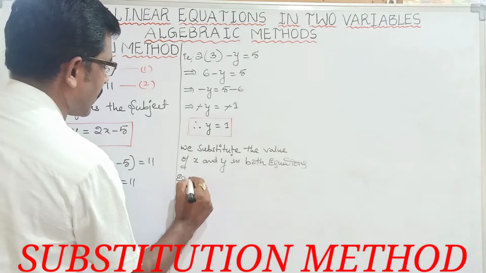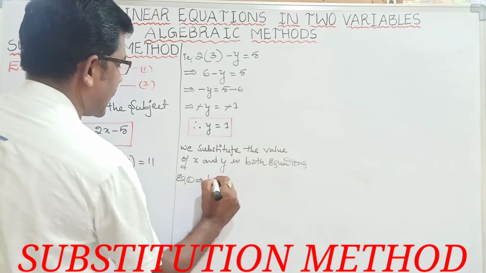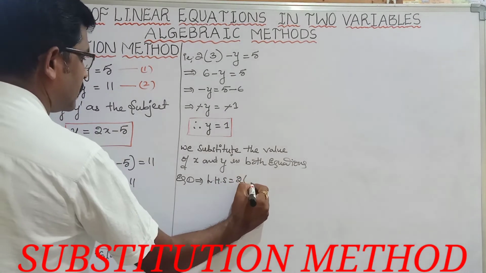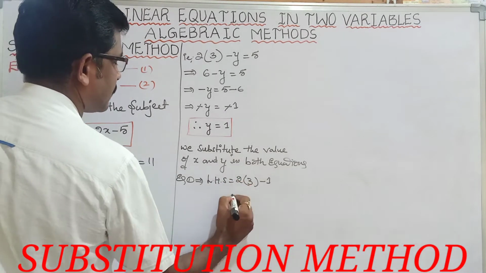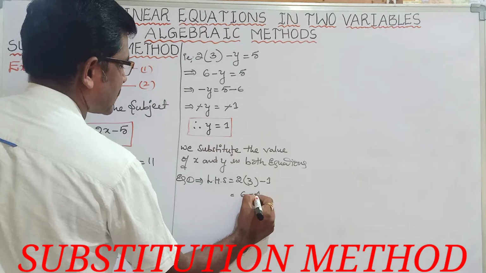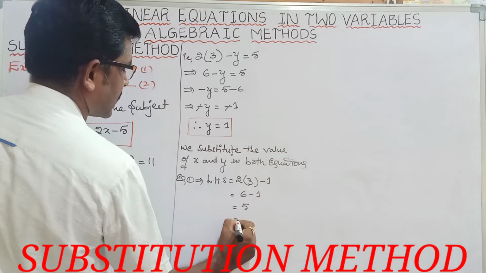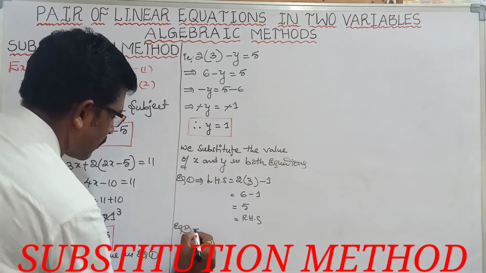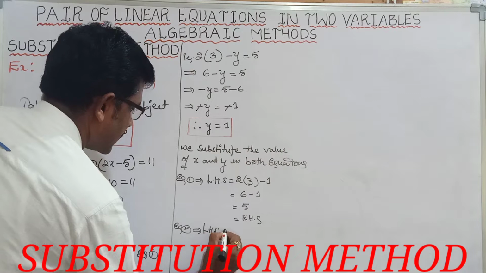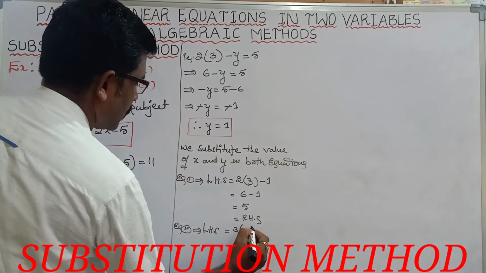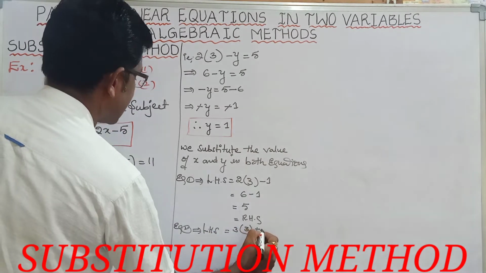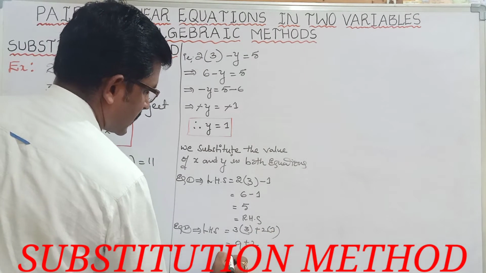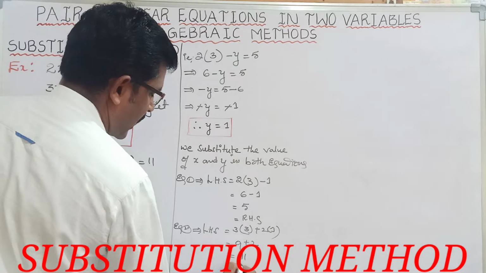So equation 1 implies LHS is equal to 2 into 3 minus 1 is equal to 6 minus 1 is equal to 5. That is equal to RHS. Equation 2 implies LHS is equal to 3 into 3 plus 2 into 1, 9 plus 2, that is equal to 11, RHS.